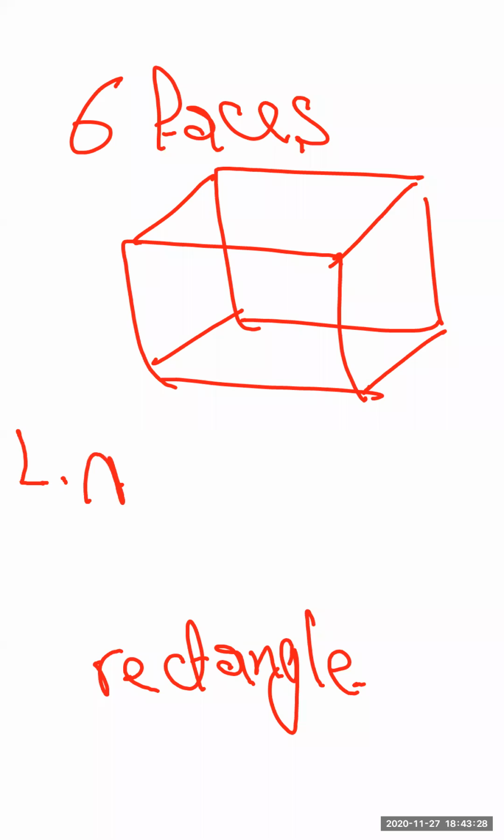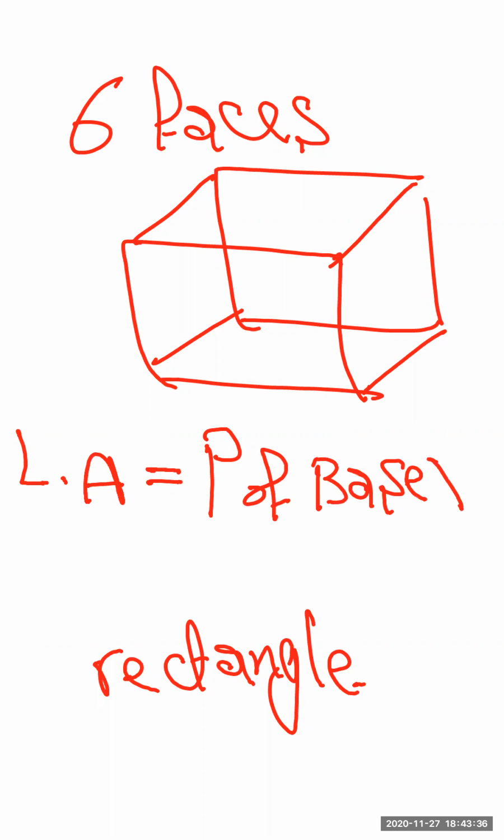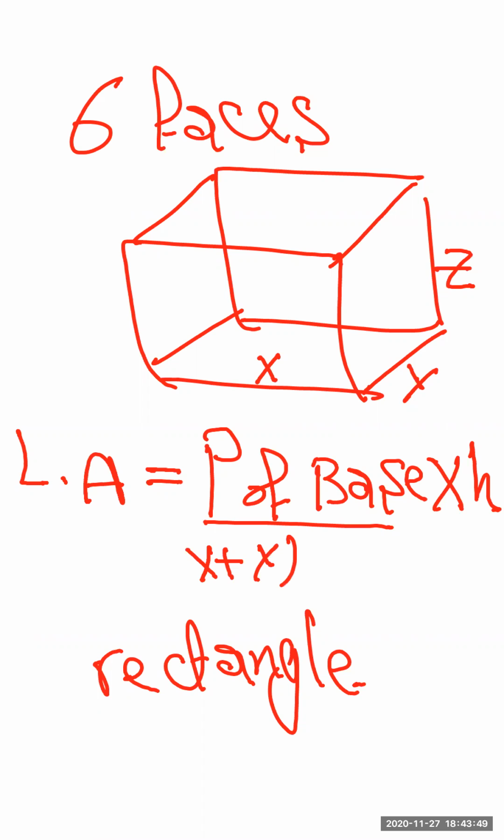Lateral area equals perimeter of the base times height. Now this one x, this one y, this one z. So perimeter of the base means x plus y times 2, because it's a rectangle, right? Times height, which is z. That's it. Is it clear now? Yes, clear. Okay, very good.